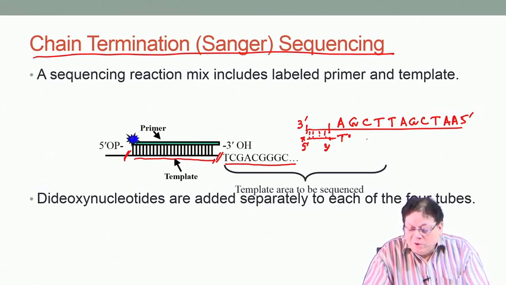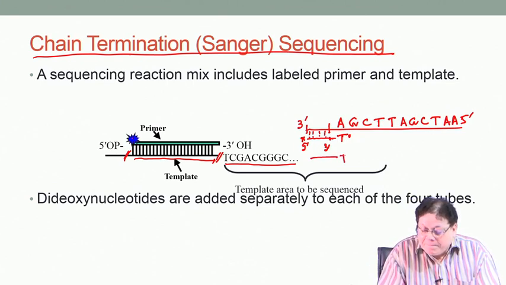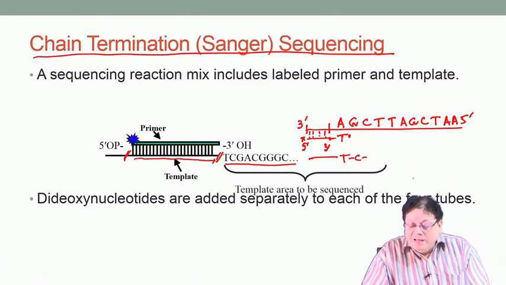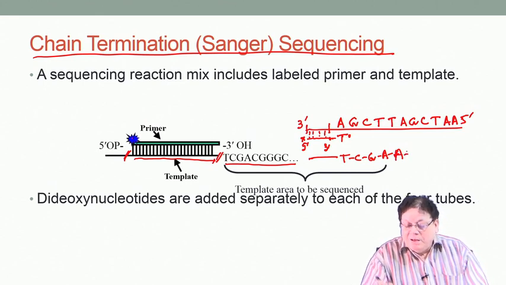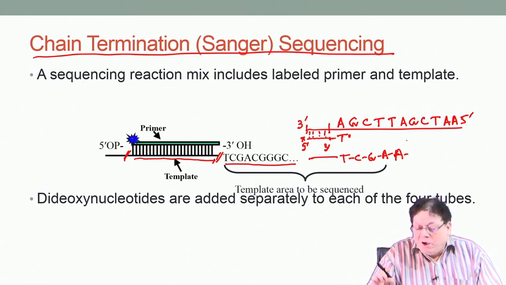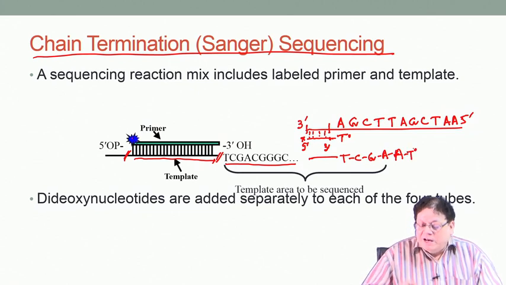It will continue up to the point when there is requirement of another T. So, C, then G, then A, then A, and now you again come to a point where there is a requirement of a T. If the enzyme now takes the dideoxy T, again you will have a truncated chain here.